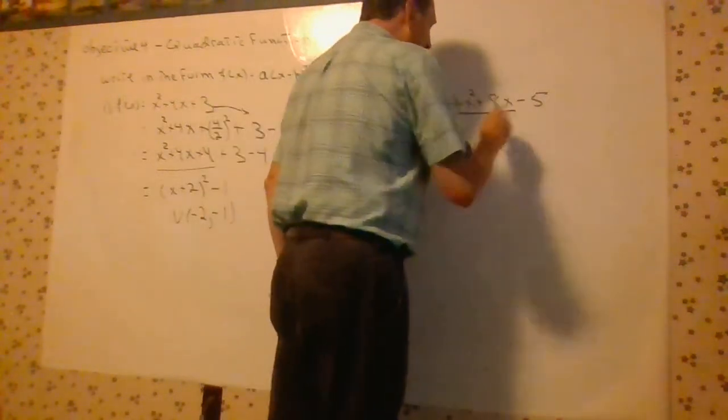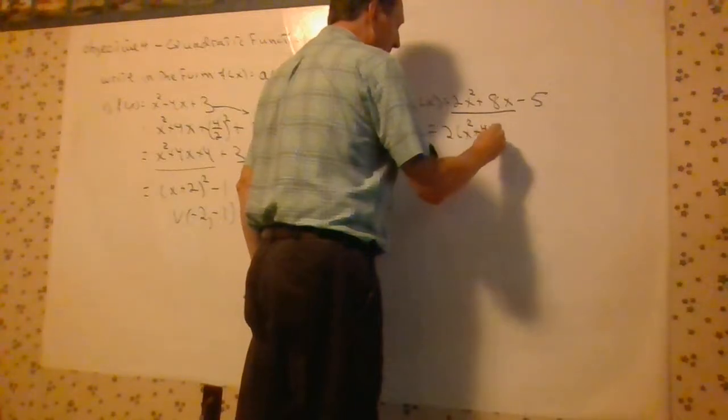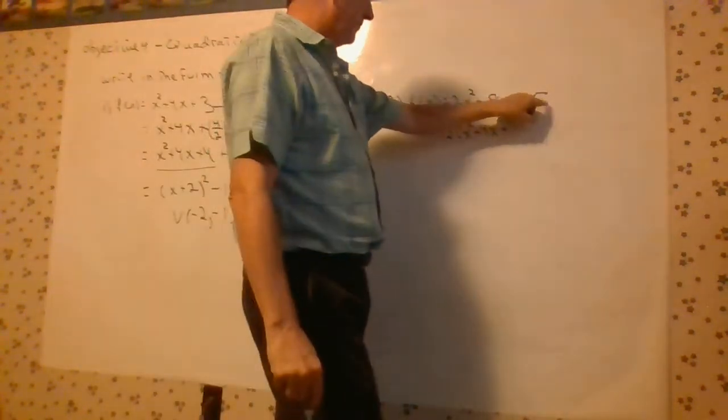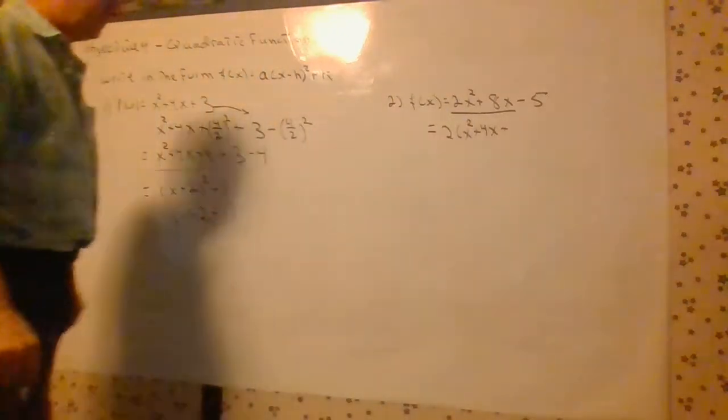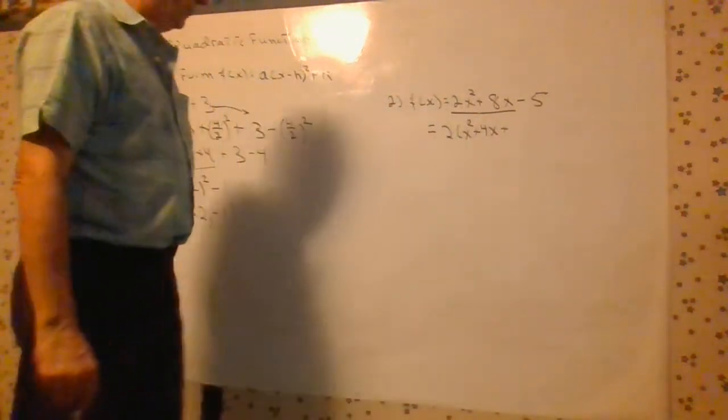We need to factor the 2 out of these two terms. Don't worry about this for the time being. That way we can put it in this form. The perfect square formula counts on it being 1x squared, not 2x squared. Now what are we going to add?